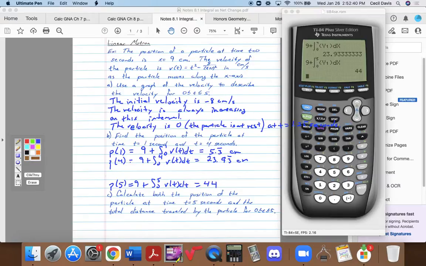You don't add the 9 to it. All right, so the total distance is going to be the integral from 0 to 5 of the absolute value of V of t dt. Which, by the way, is the integral from 0 to 5 of, what is absolute value of velocity? Speed.